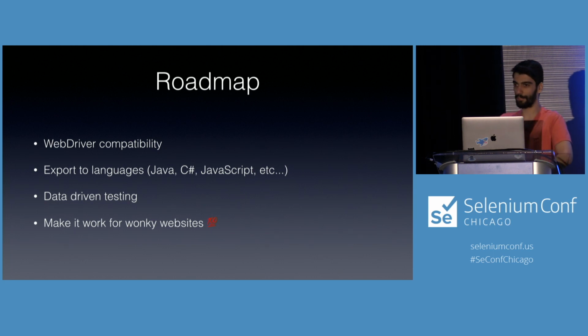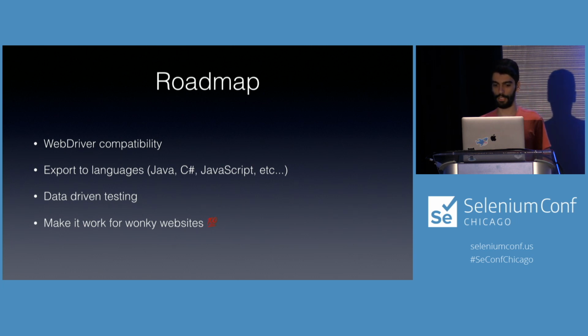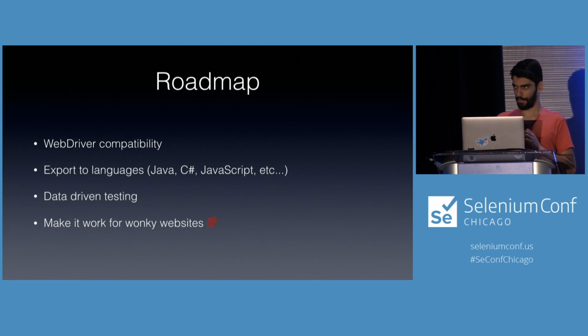That's mostly for users who want to maybe upload a CSV to the IDE and iterate over that, or any other data source, and then have their script defined by that data source, rather than hard coded into the script itself.